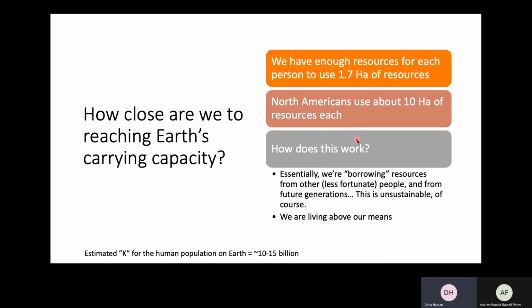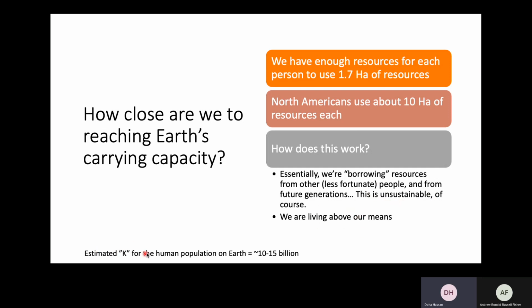So not only are we taking it from more vulnerable and less fortunate populations, but we're also taking resources from future generations. And that's kind of where the stuff about climate change and everything comes in. It talks about how this is fine for us, we're probably not going to be affected, but the future generations are going to be very, very severely affected based on our actions. So again, this is super unsustainable and we are living above our means, right?